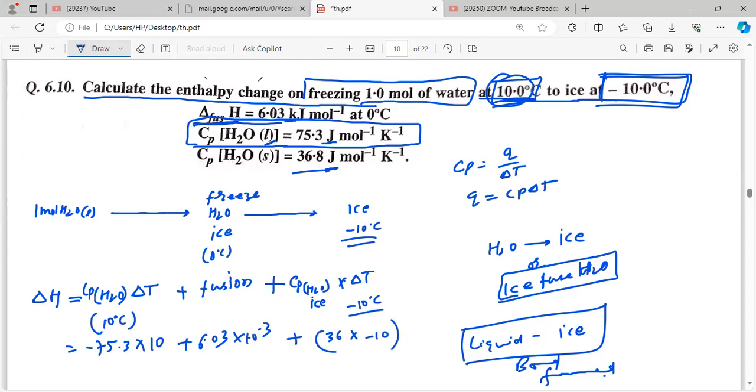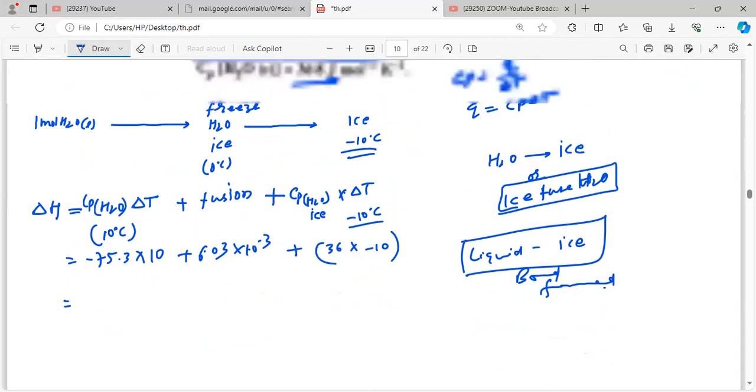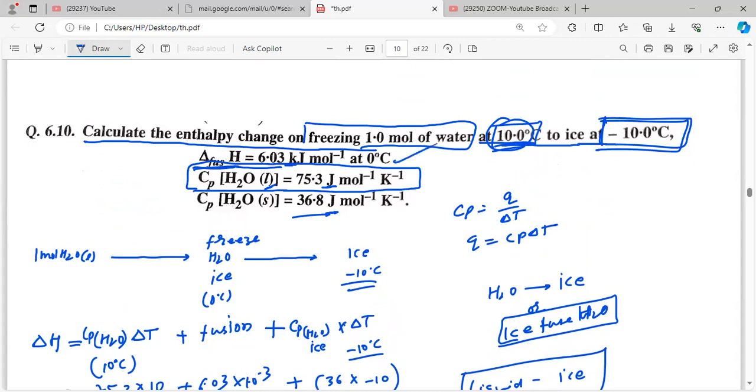Achha. If you are facing any confusion, let me know. All these processes are negative processes. In all the cases, energy is going to be liberated, so it is supposed to be the negative term.